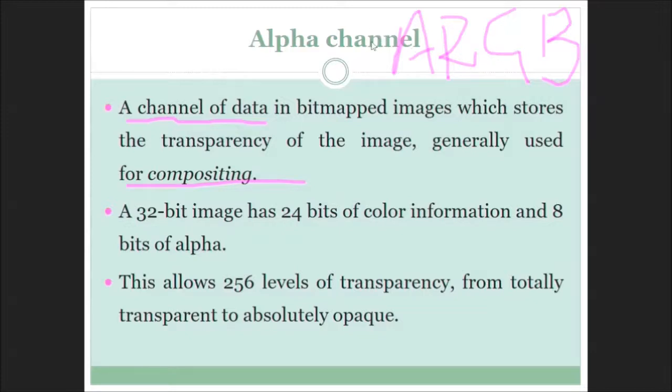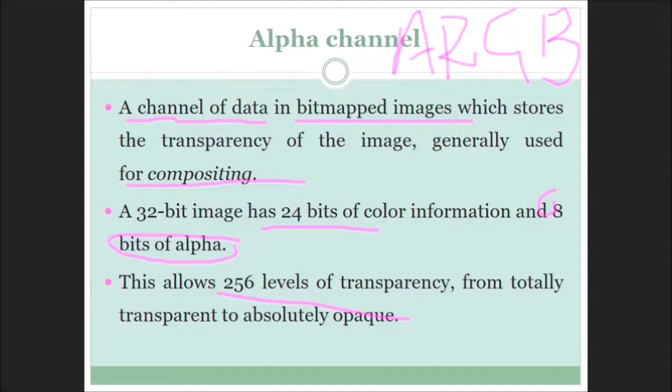This A is the alpha channel, specifically for bitmap images, and this allows the transparency to be done. And this 32-bit image has 24 bits of color information, and 8 bits of alpha. Alpha means transparency possibility. So this allows 256 levels of transparency, from totally transparent to absolute opaque.